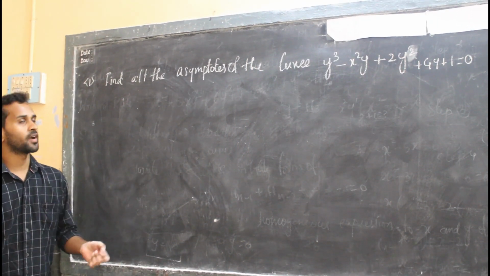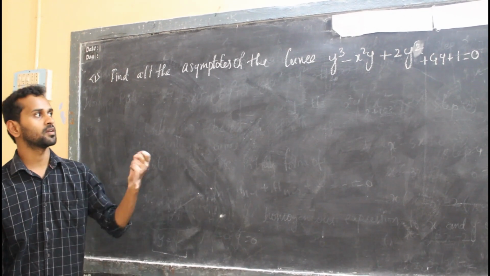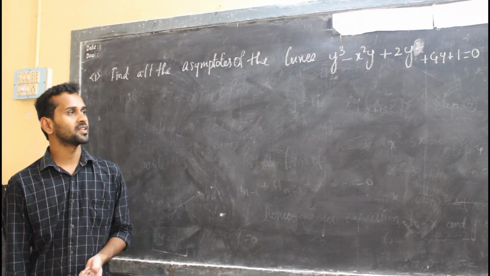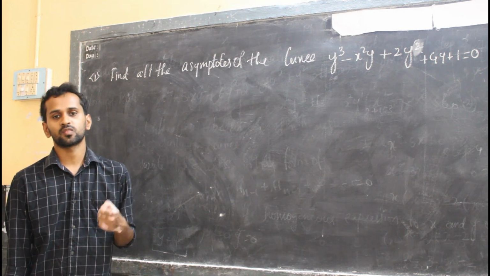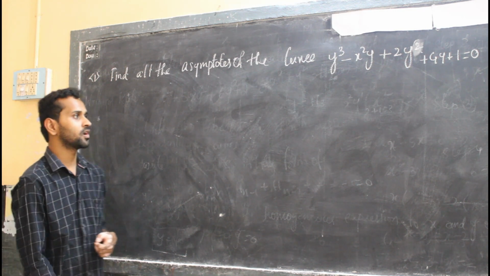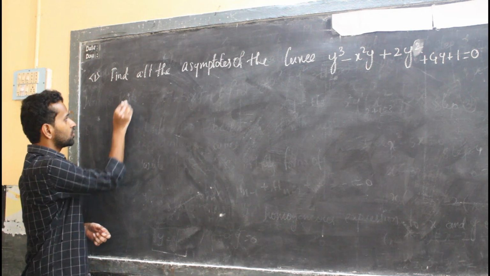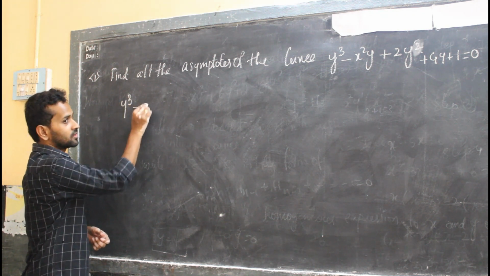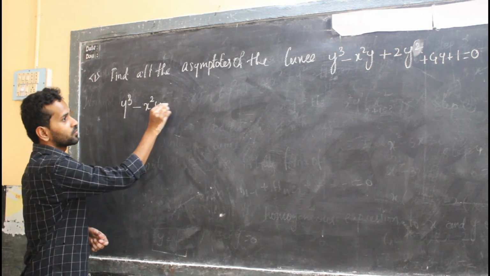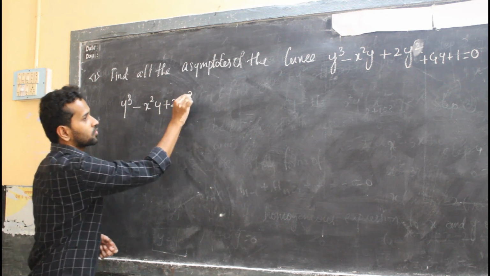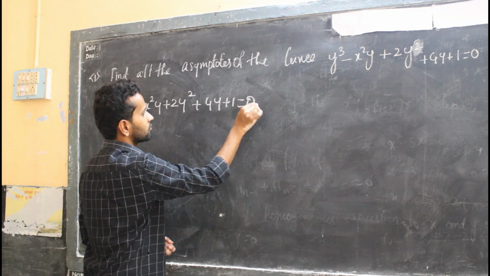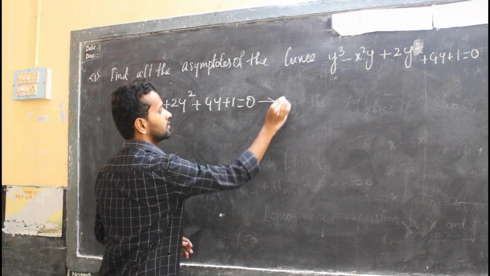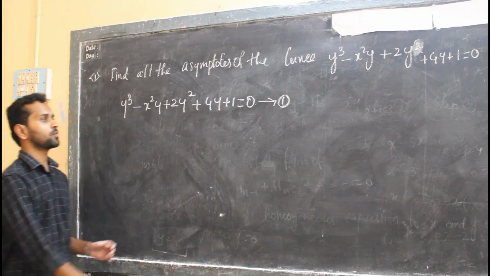So now, when finding all the asymptotes of the given curve, y cube minus x square y plus 2y square plus 4y plus 1 equal to 0. Consider this as equation number 1.